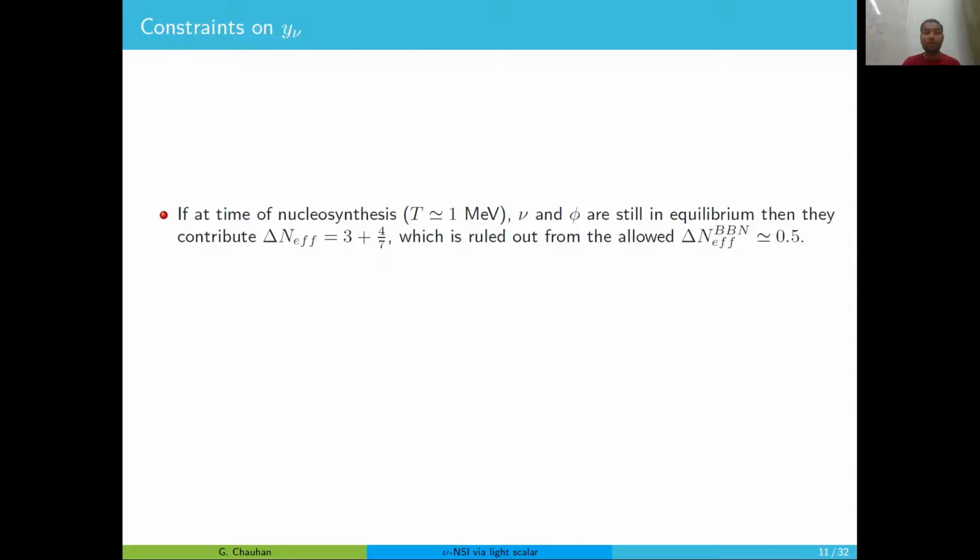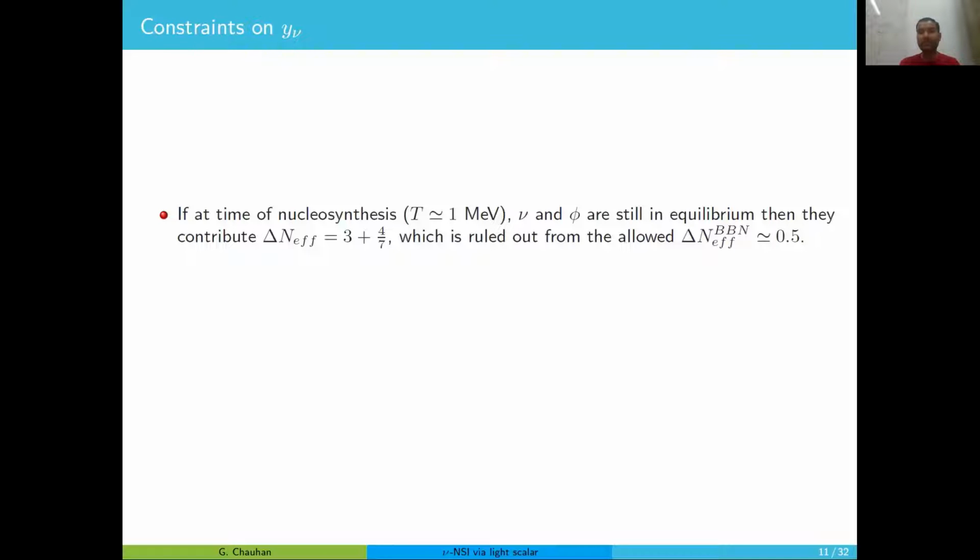So now I'll be discussing the constraints on this scenario, starting with the constraint on the coupling of the neutrino to the phi. The most stringent constraint that we have on this coupling comes from the time of Big Bang nucleosynthesis, which happens at a temperature of 1 MeV. First of all, we are considering the case of 3 right-handed neutrinos.